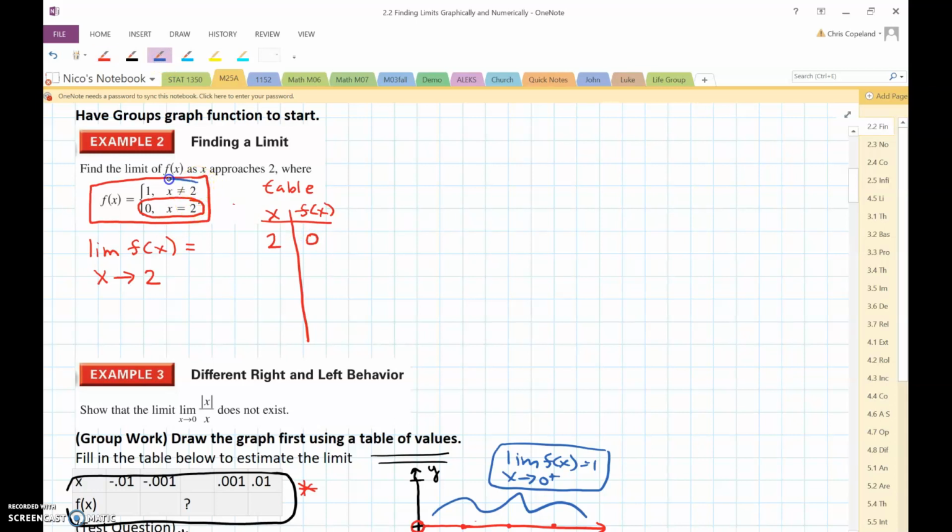Everywhere else, when x is not equal to 2, so when x is 3, when x is 4, when x is 1, when x is 0, when x is negative 1, the answer is f of x is going to be equal to 1. So let's take a look at this graphically.